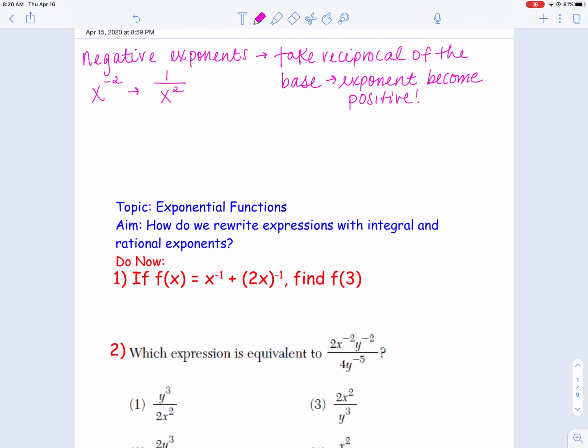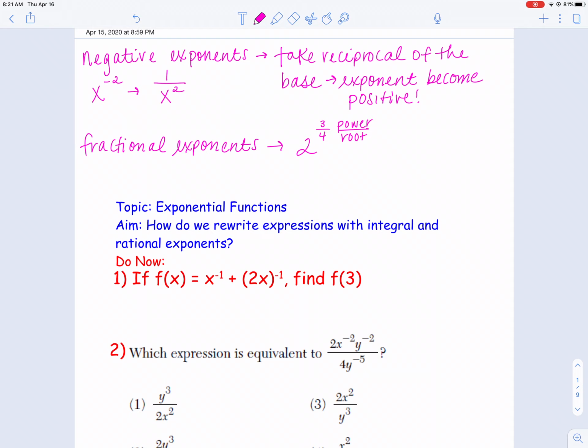The other thing I want to talk to you about is fractional exponents. If I give you a base of 2, and I raise it to the 3 over 4 power, remember, that's power over the root.